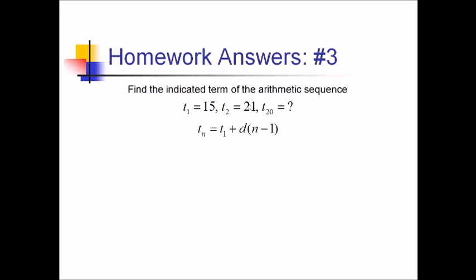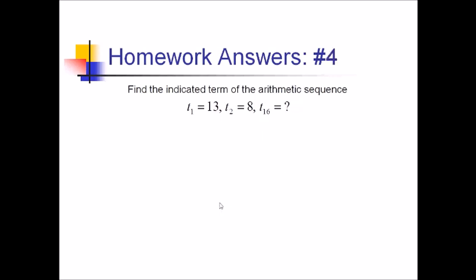So 21 minus 15 gives us a common difference of 6. And now we can write T20 equals the T1 value of 15 plus that D value we just found of 6. And we want the 20th term, so that would be 20 minus 1 in our parentheses. Distributing that 6, we've got 120 minus 6, which is 114, plus the 15 gives us a grand total of 129.